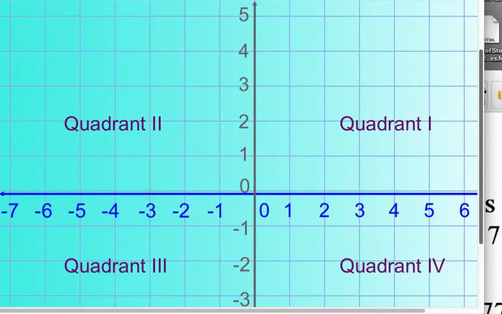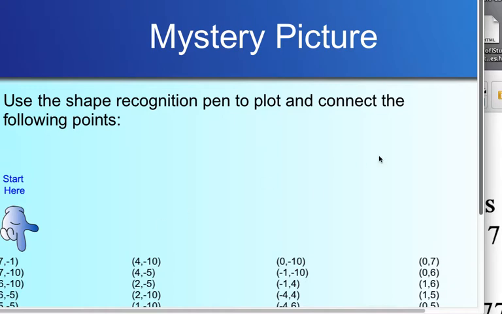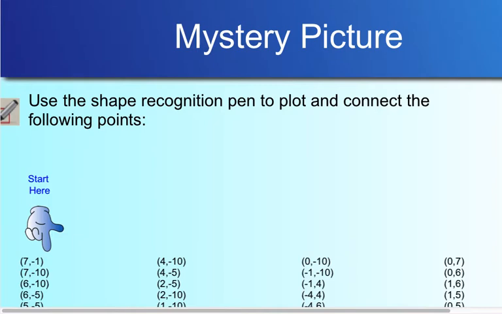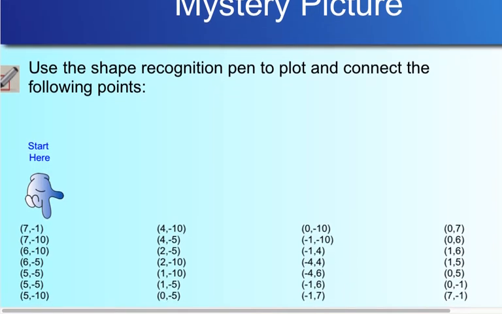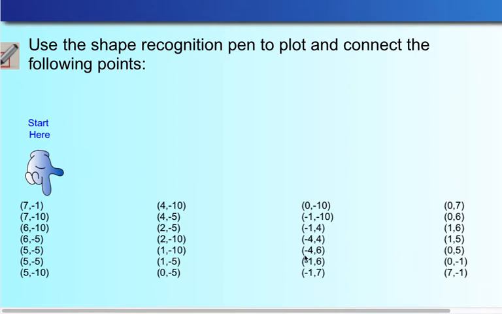Now, I want you to look at these coordinate points, and you're going to start and you're going to go here, and then you're going to go here, here, here, here, and continue on, and then go up here, and it's going to make a shape.